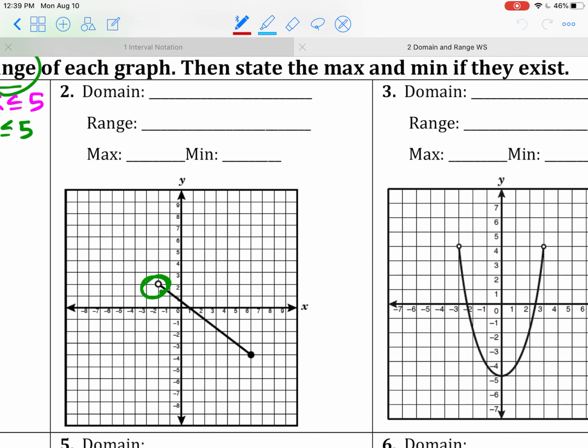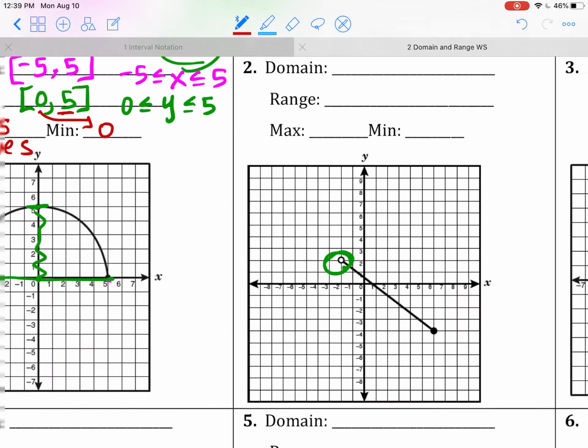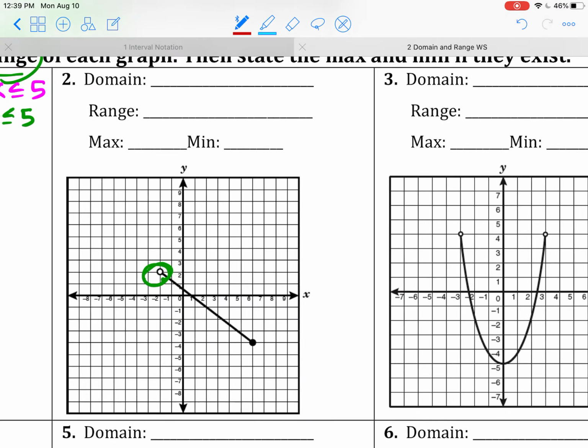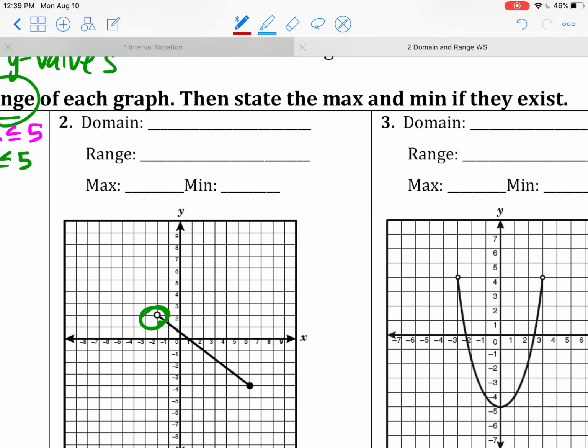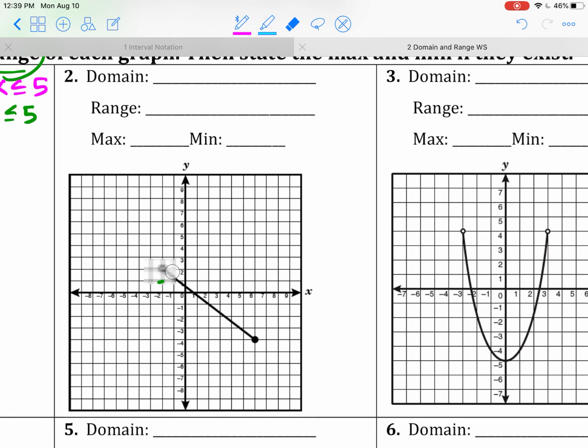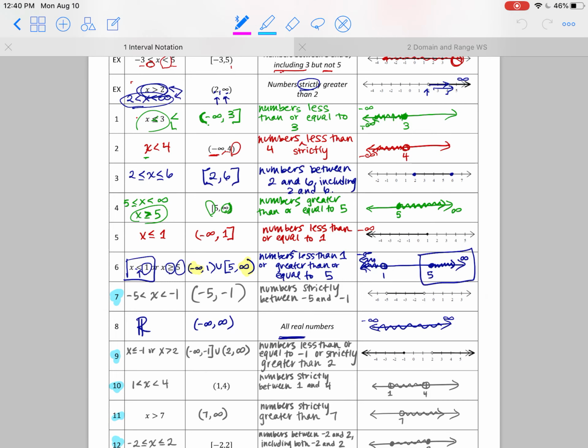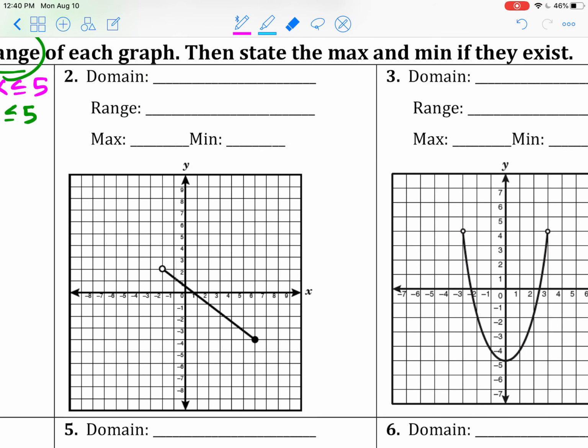Okay, for number 2, I am in domain mode first, so I'm going to switch to pink, and I'm going to scan from left to right. As I scan from left to right, the very first point I get to is -2 for the low point and 6 for the high point.